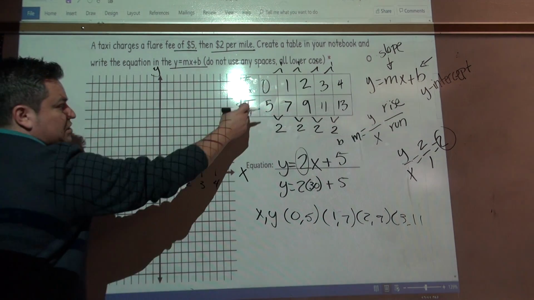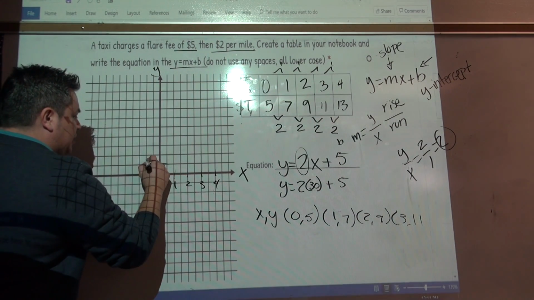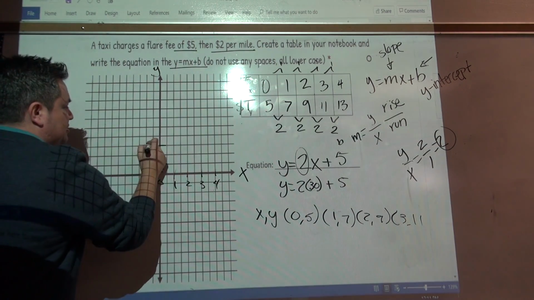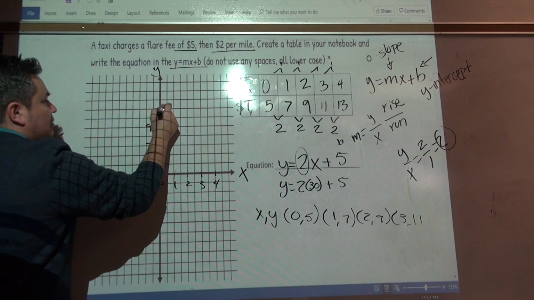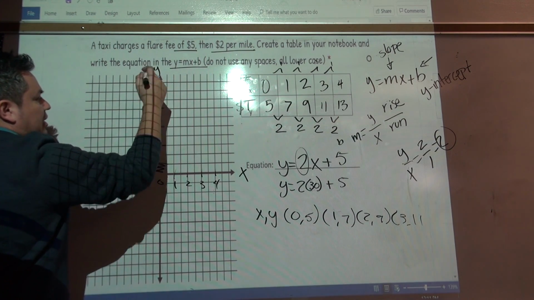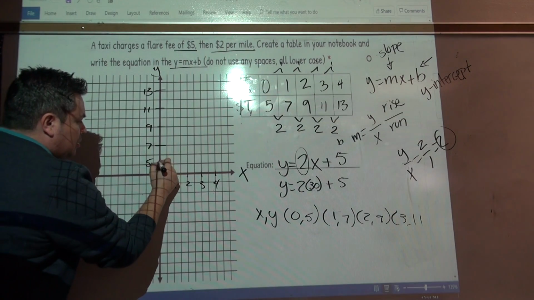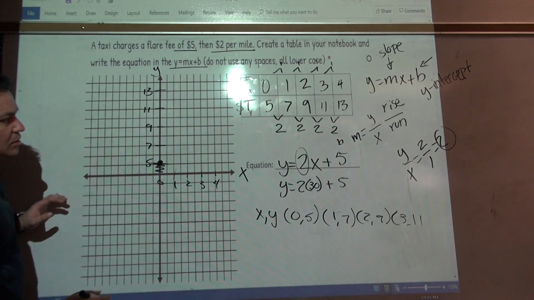So I'm going to start with the first number. Right here, I'm going to have 5. And then I'm going to do 7, 9, 11, 13. So when x is 0, my y is 5.